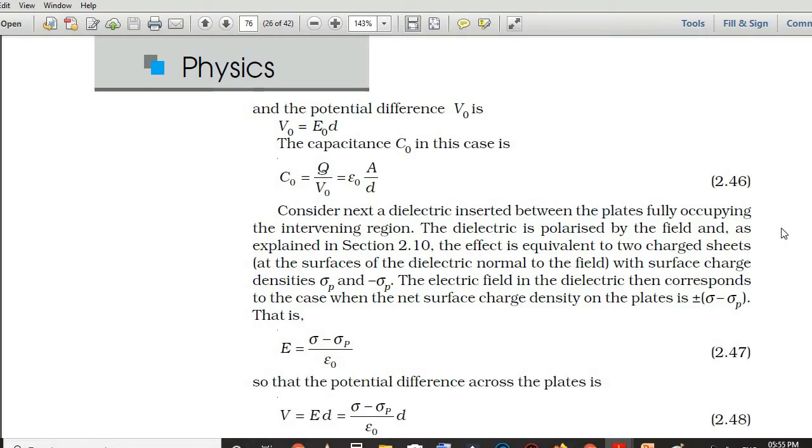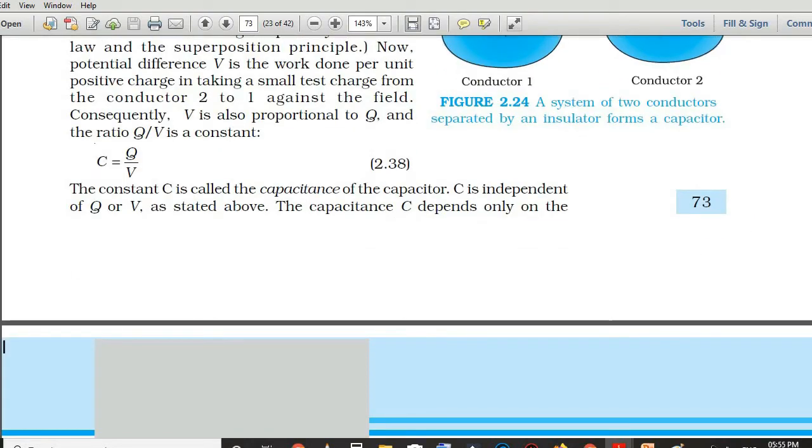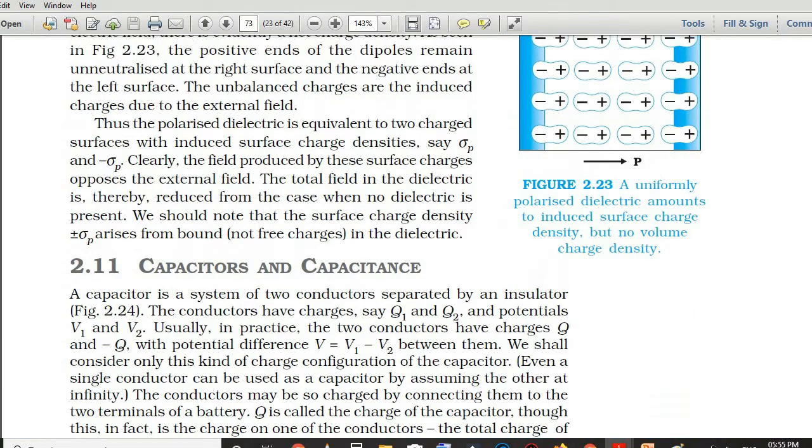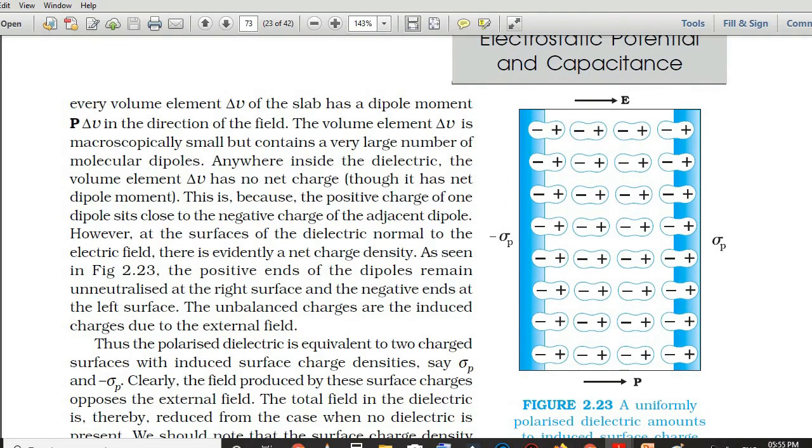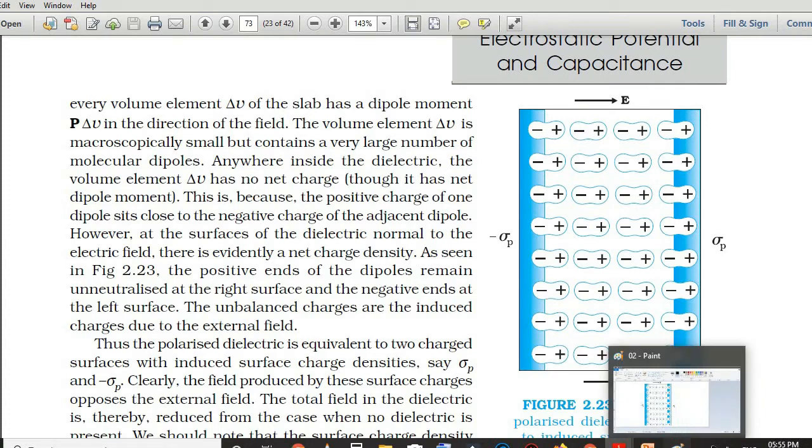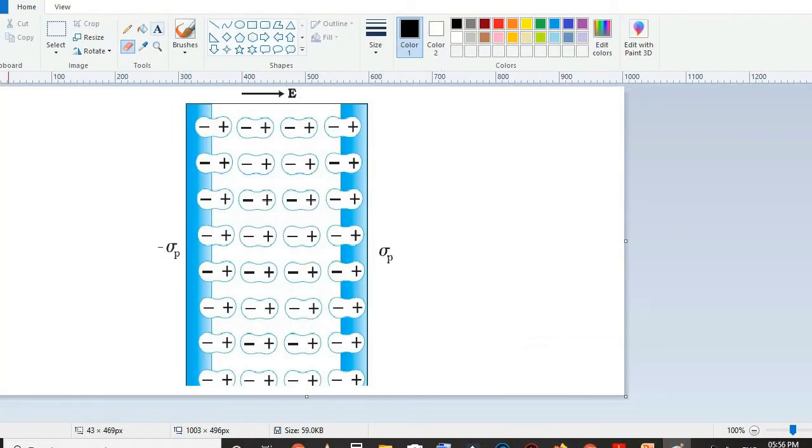Now we can see a picture given on page 73. This is the picture. We shall discuss it.